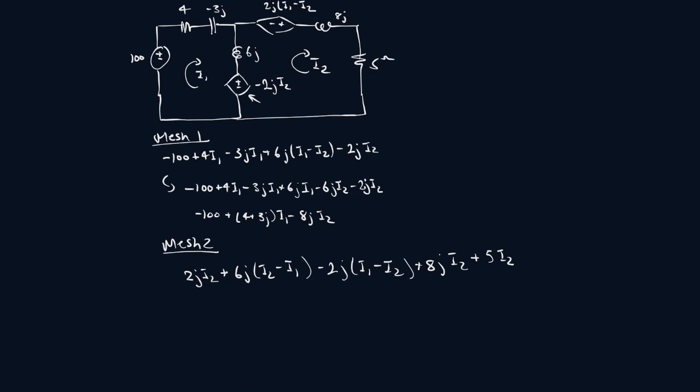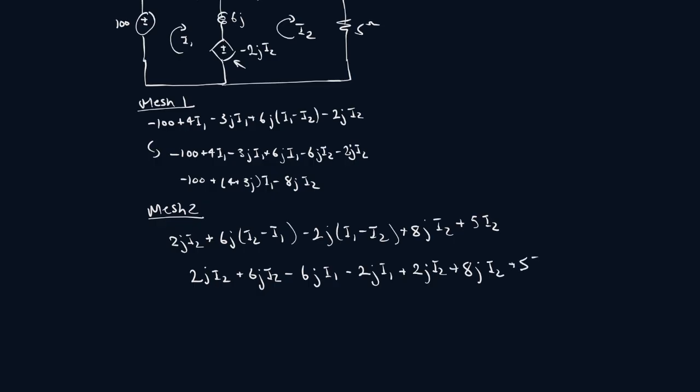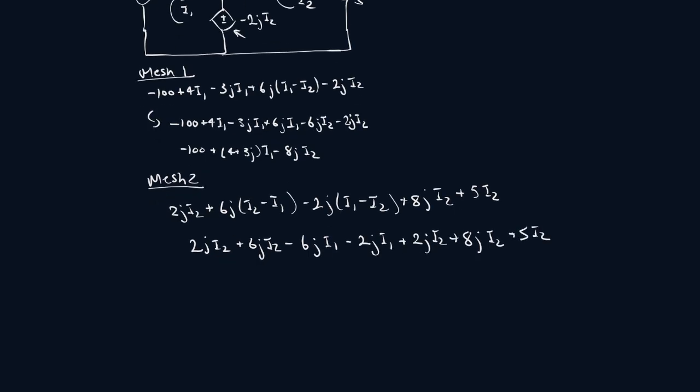Okay, and then this simplifies to 2jI2 plus 6jI2 minus 6jI1 minus 2jI1 plus 2jI2 plus 8jI2 plus 5I2. Okay, and then after you collect all like terms, this simplifies to minus 8j I1 plus (18j plus 5) I2, and that's equal to 0.